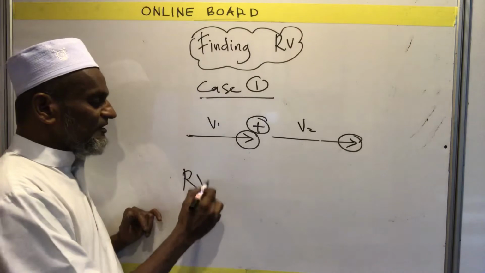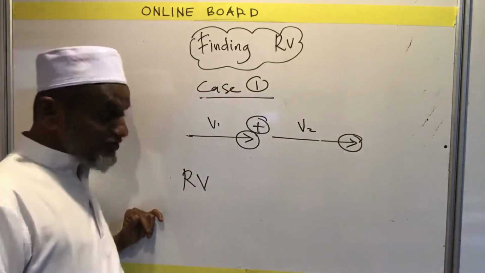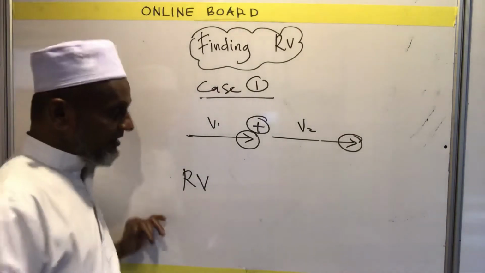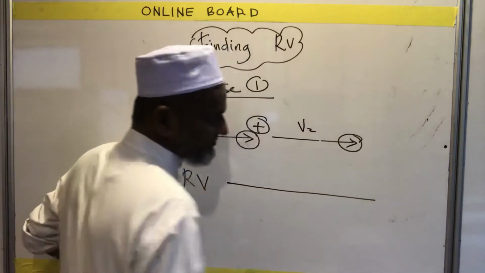The resultant vector, also represented by a straight line, is also parallel.